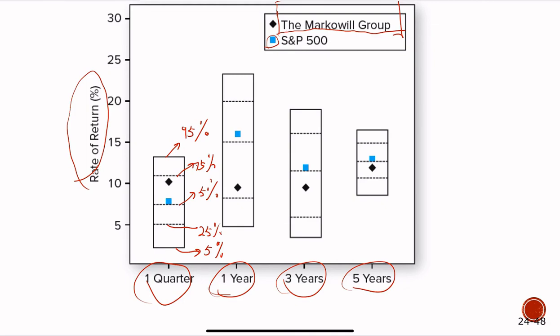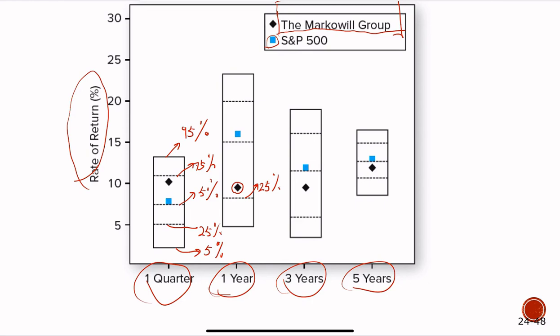But then if you look at a longer time, for the last 12 months, you can see that it's just slightly above 25%. So it basically means that if you look at the last 12-month returns, this Markowell fund was just outperforming about 30% of other similar funds.